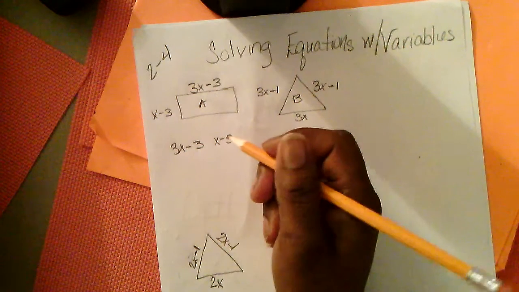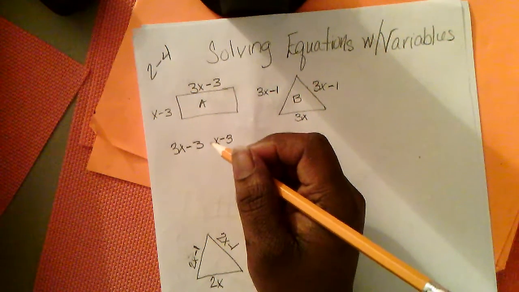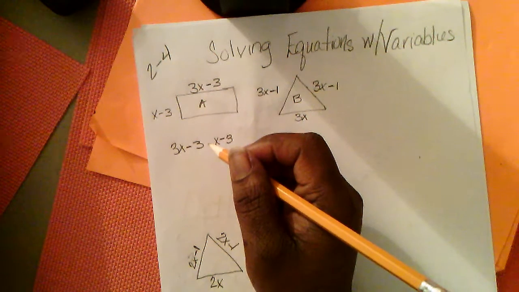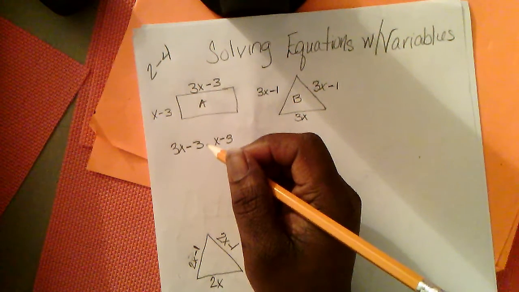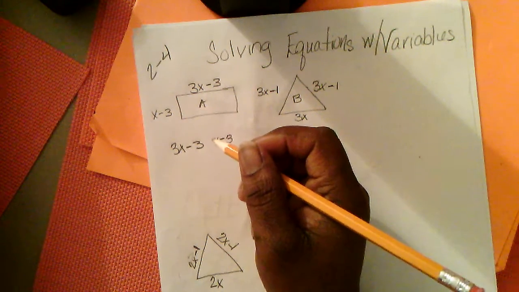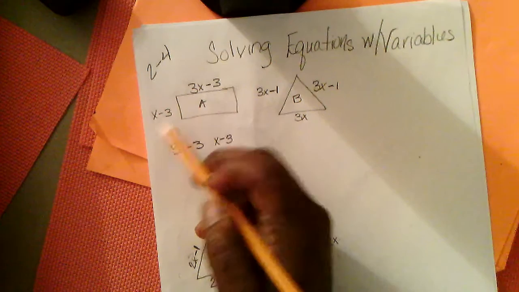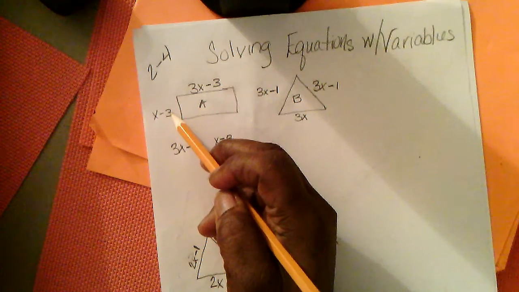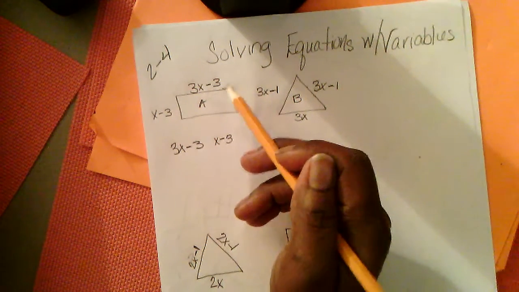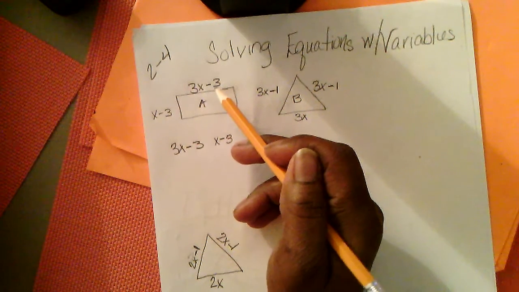Now, remember we're talking about the distributive property, right? And so the distributive property is a way that we can write problems to simplify the process, right? So, in looking at this, we see that we have x minus 3, and then we have 3x minus 3.